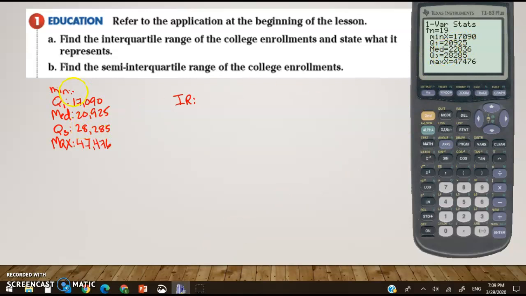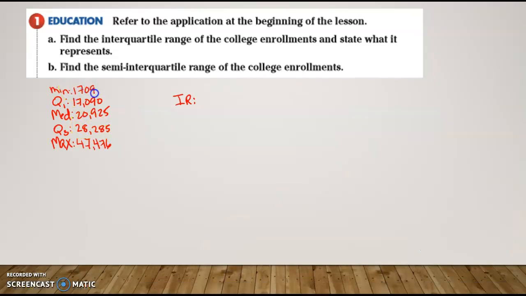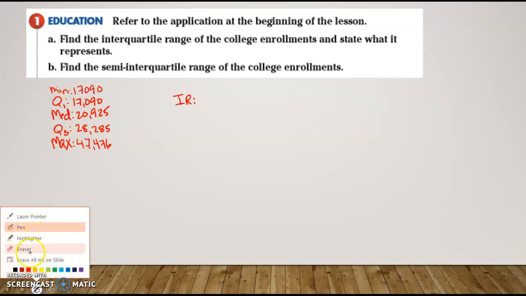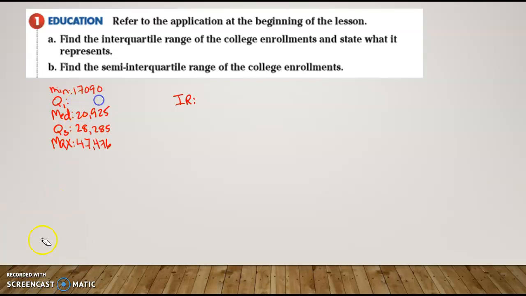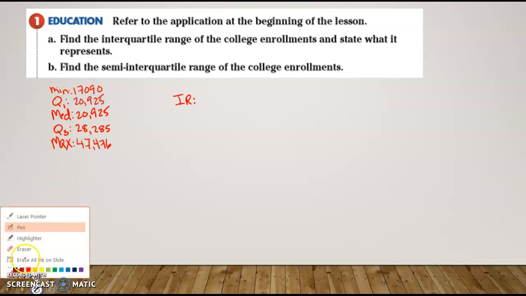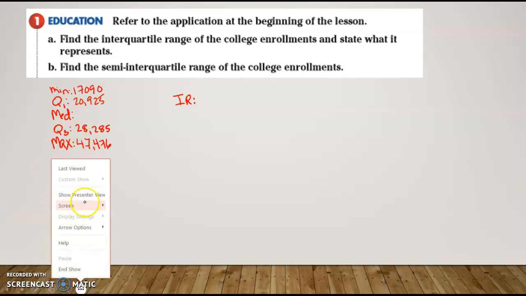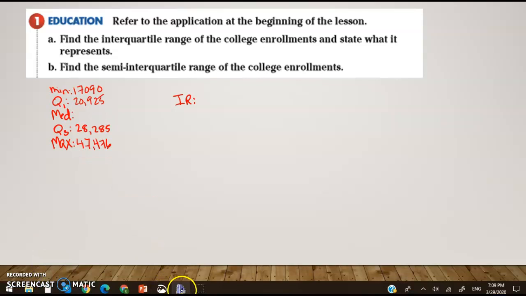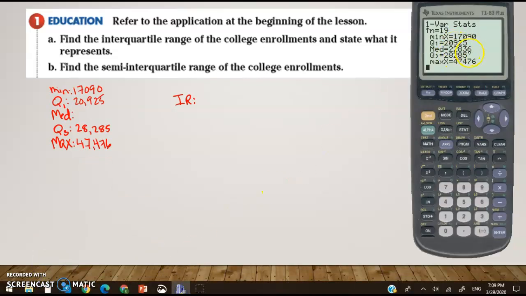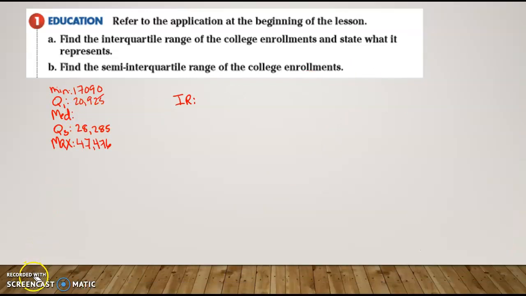Got to scoot these down. 17,090, and then 20,925. And 22,836, that's what I'm missing. All right, that was my median.